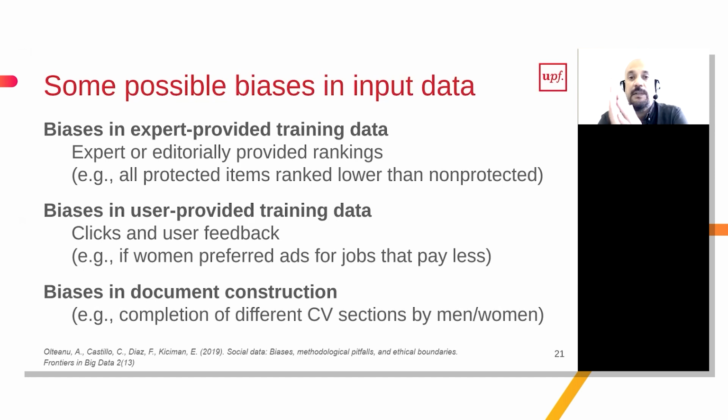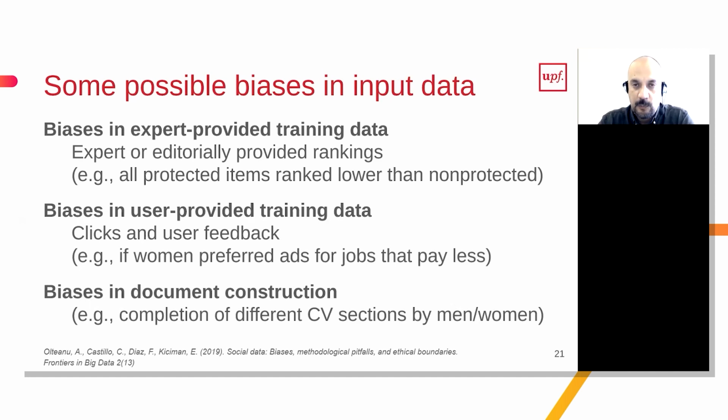And also there can be problems with the document construction, and these are even more difficult to find. So for instance, there is a study comparing the profiles of men and women from Ivy League universities in the United States on LinkedIn. What they found is that men and women in general have similar completion of their profiles, but there is a group that is quite different in the sense that men tend to have many details in the past experience section of the profile, while women have many details in the skills section.